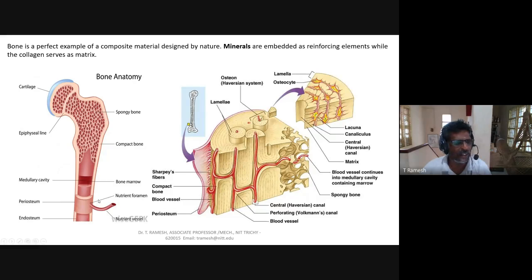And there are other parts like periosteum, endosteum, bone marrow, and the nutrient foramen, etc. If you are interested, you can go through all these things later on.